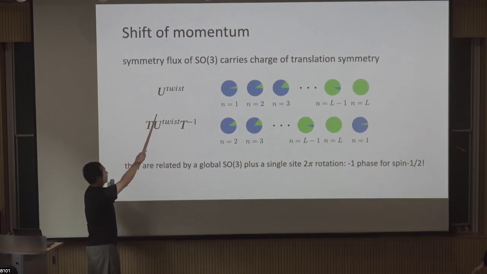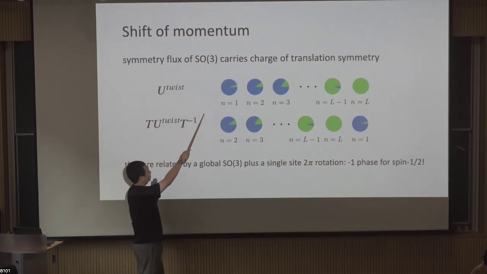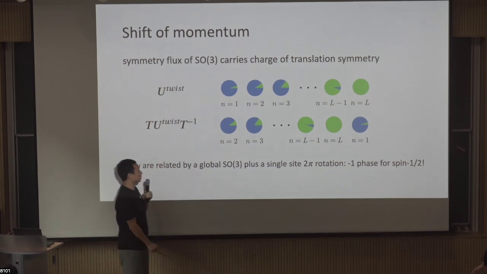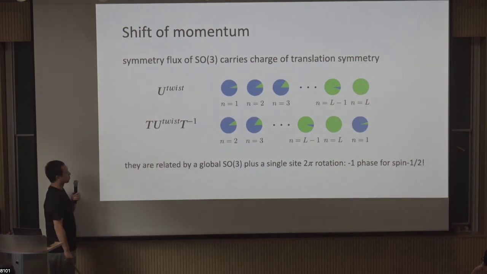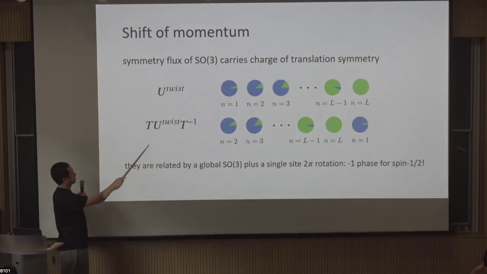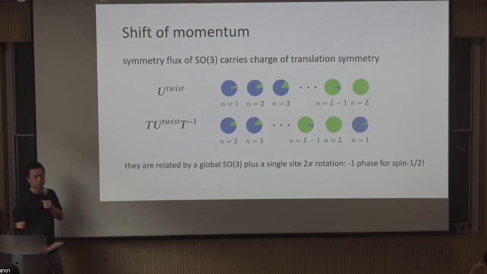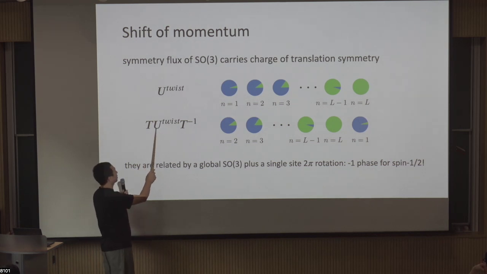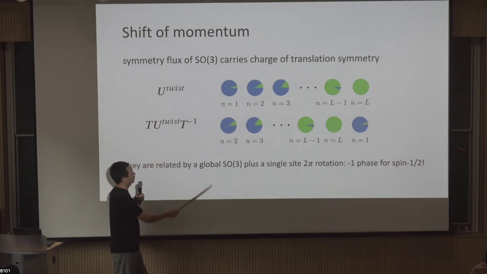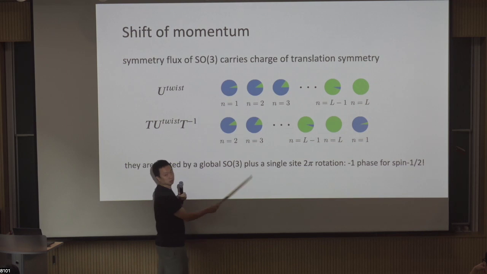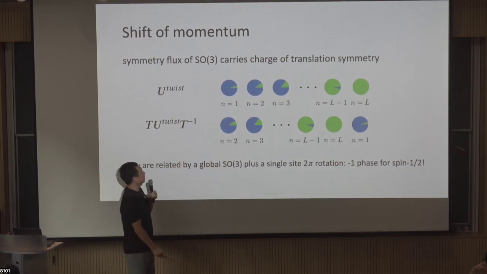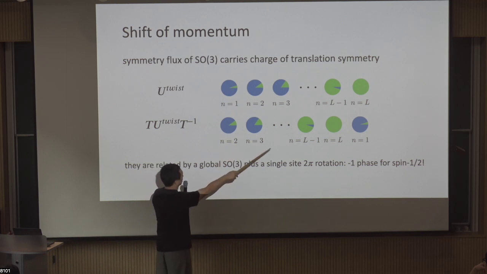So here is the twist operator, which you picture as a 2π flux of the symmetry. Let's try to see its algebraic relation with the translation operator. Let's conjugate it by the translation. Literally, you just move everything by one lattice constant. Then you get some operator that looks like this.